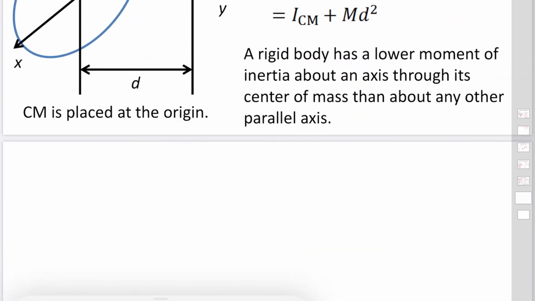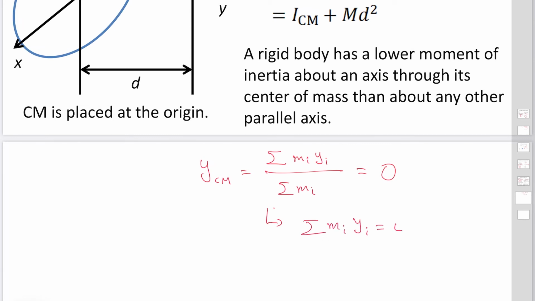The y component of the center of mass is defined as the sum of m sub i y sub i divided by the total mass. In this case, we choose the center of mass to be located at the origin, so this is equal to 0. So from this equation, if you multiply m sub i and y sub i and sum up, it becomes 0.